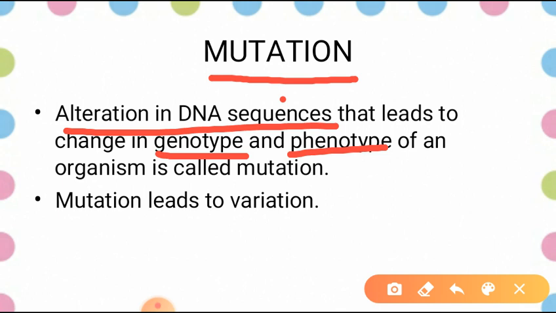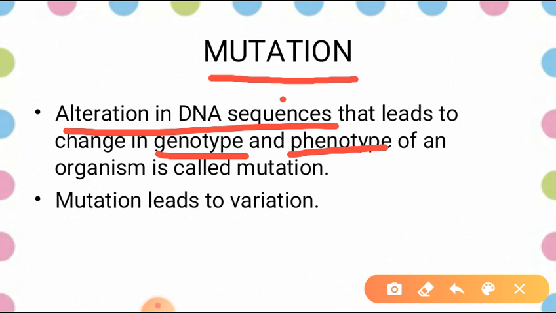There again you have studied homozygous tall and heterozygous tall. This homozygous and heterozygous refers to which one? Genotype. So during mutation, there is a change in the DNA sequence. So automatically first the genotype changes, that leads to change in the phenotype of an organism.